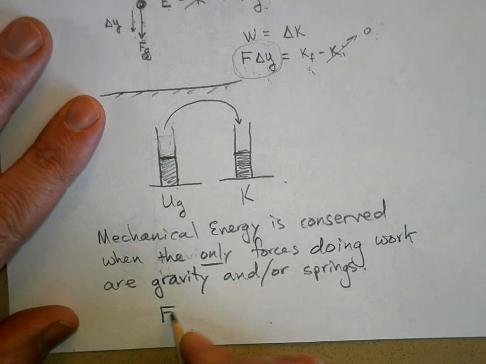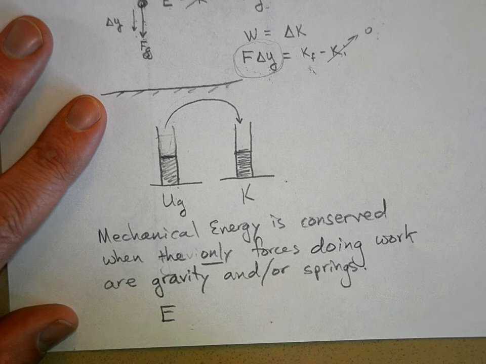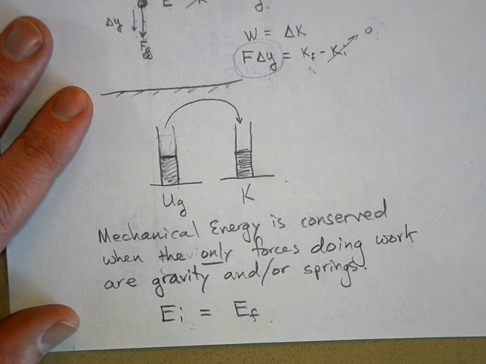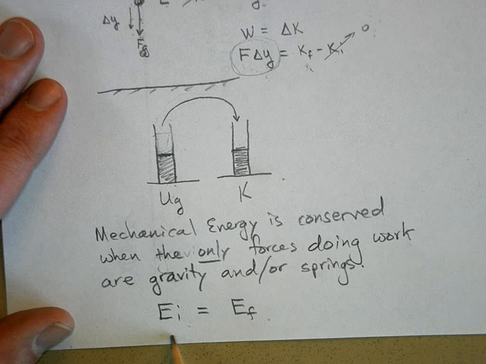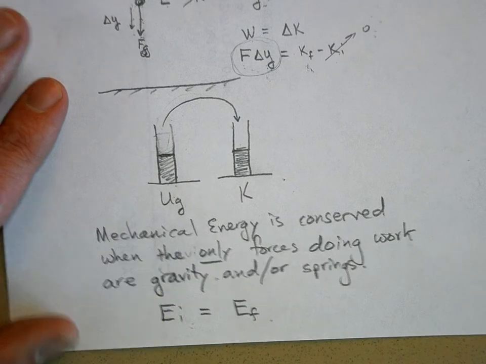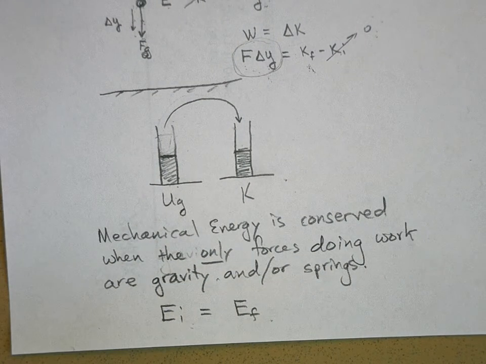But instead of P initial equals P final, we write E initial equals E final. But this equation right here is only true, you can only use it, if the only forces doing work in your system are gravity and springs. Because then we're just transferring energy from gravitational potential energy to kinetic energy to elastic potential energy. But when you add them all up, you get the same thing.